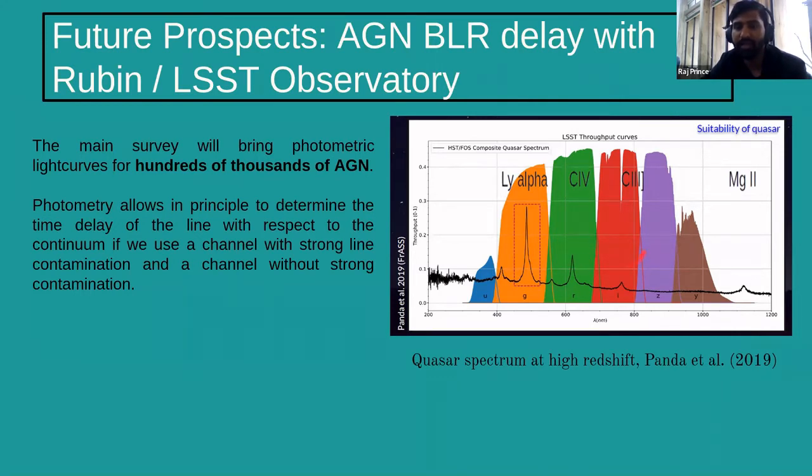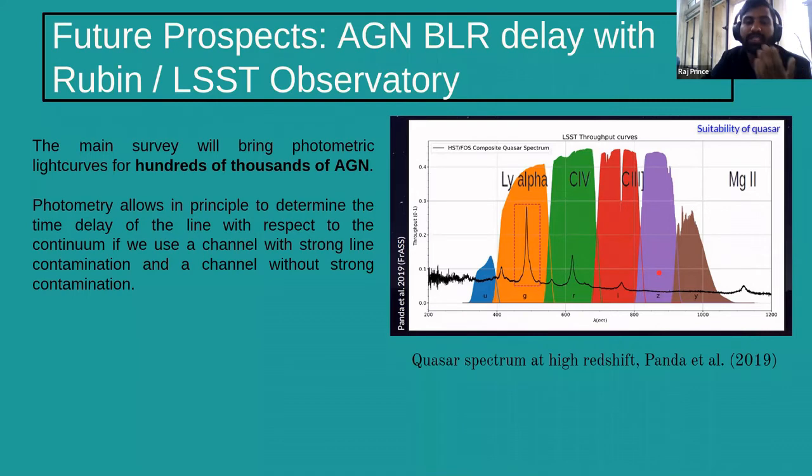In this particular case, this is at redshift 3. We have this carbon 4 emission line which is fully covering the R band, and then we have some continuum here which is covering the G band. So if you want to study these sources at redshift 3, we have to measure the emission line of carbon 4 in the R band, and in the G band we have to estimate the continuum emission.